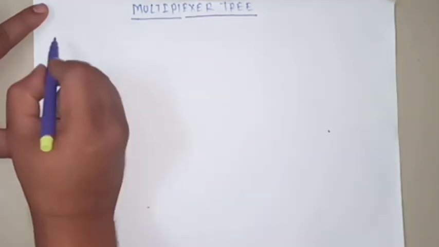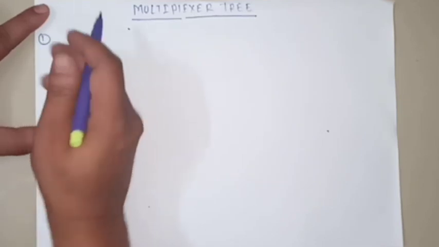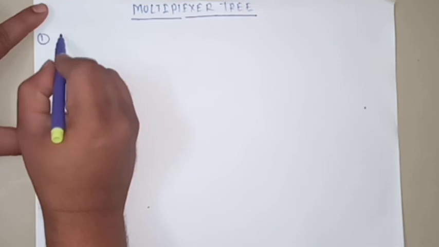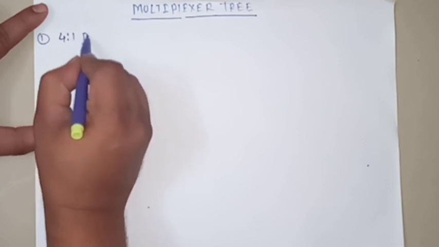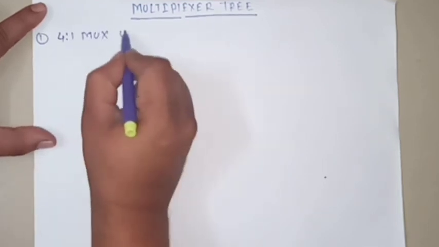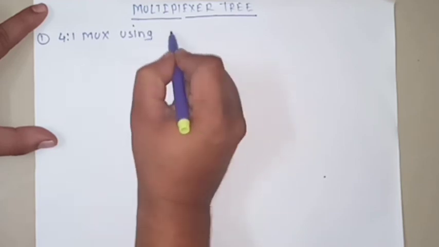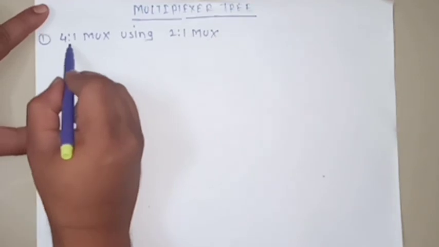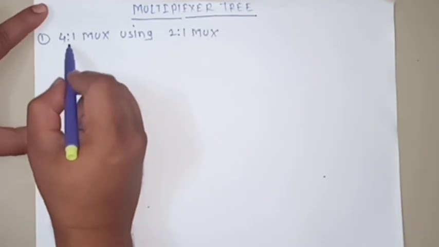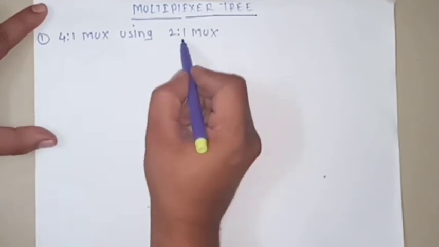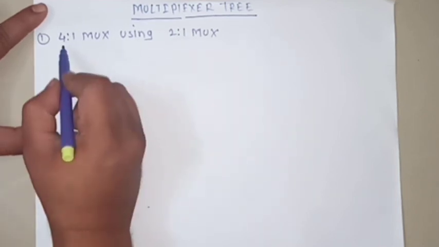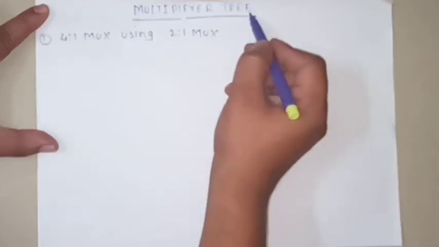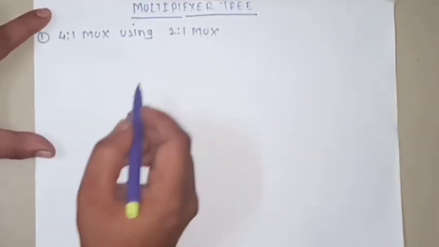First, let us take the example directly. Here we will design a 4:1 mux using 2:1 mux. The 4:1 mux is the higher order multiplexer and the 2:1 mux is the lower order multiplexer, so we design the higher order one using the multiplexer tree.